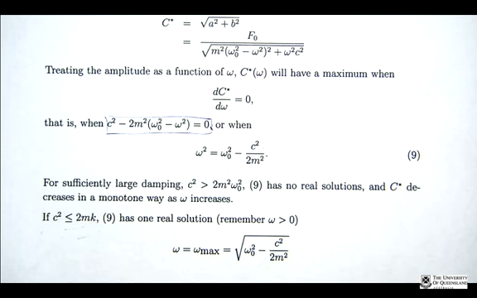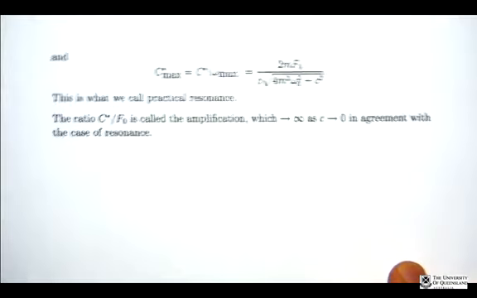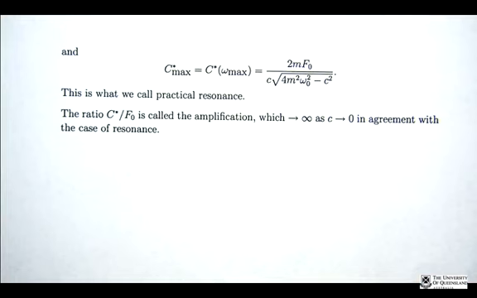Okay? Remember, we only need to take the positive square root because the driving frequency we assume is a positive number. So corresponding to that frequency I'm calling omega max, and that is the frequency that gives rise to a local maximum of the amplitude of the oscillations.